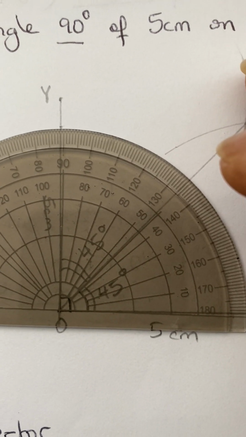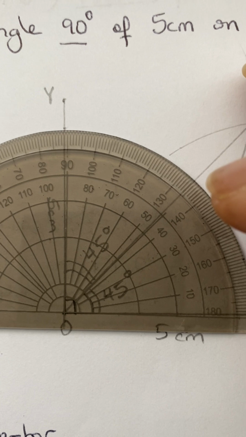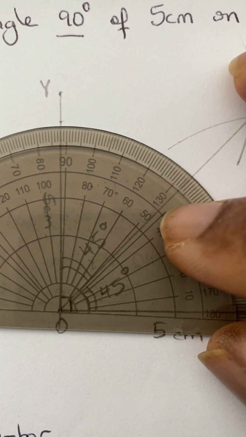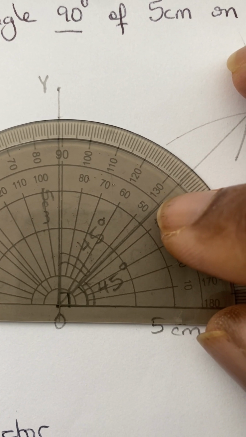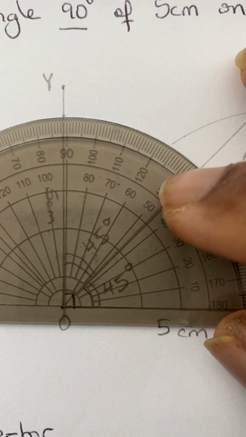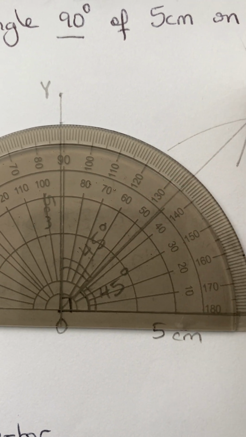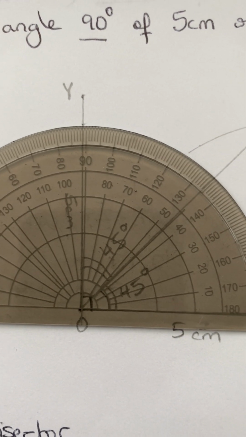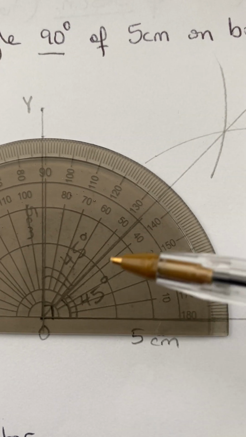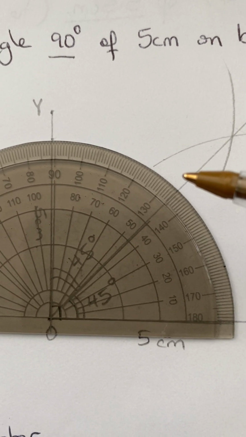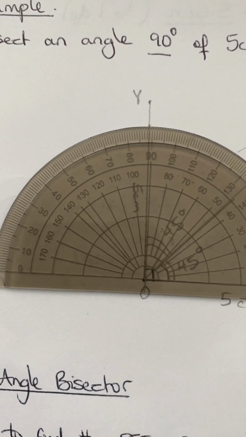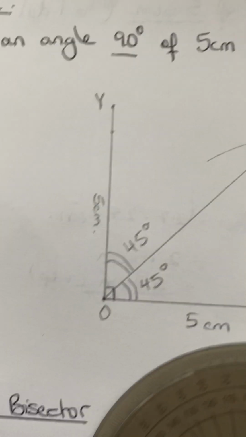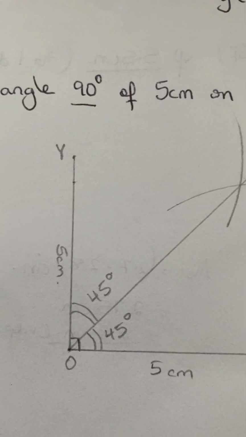So if you can see, we've bisected the angle to 45 degrees there. That one, 45 degrees. So now we've bisected the angle to 45 degrees.